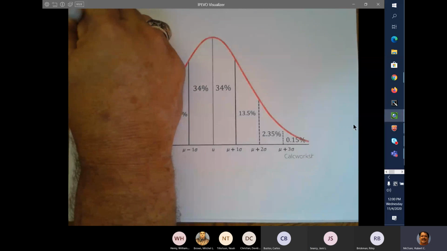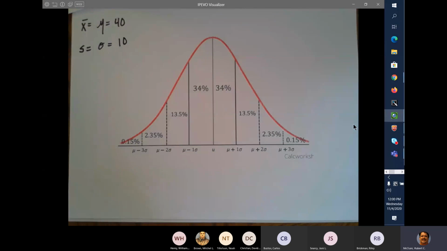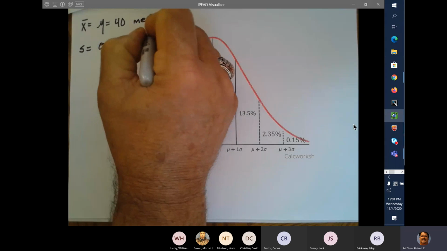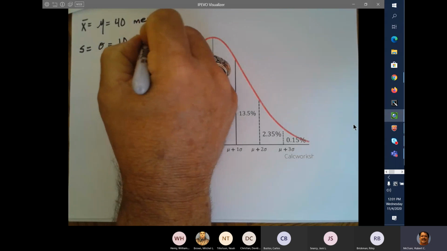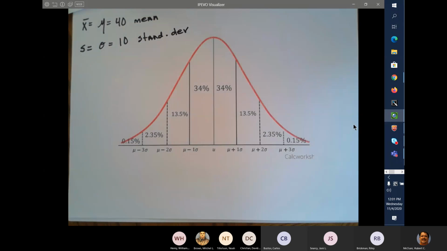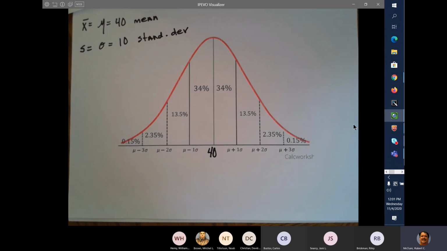I'm going to put X bar right there and S right there, because sometimes it's called X bar and sometimes it's called S. Then the mean goes in the middle, and the standard deviation is the spread of your distribution.